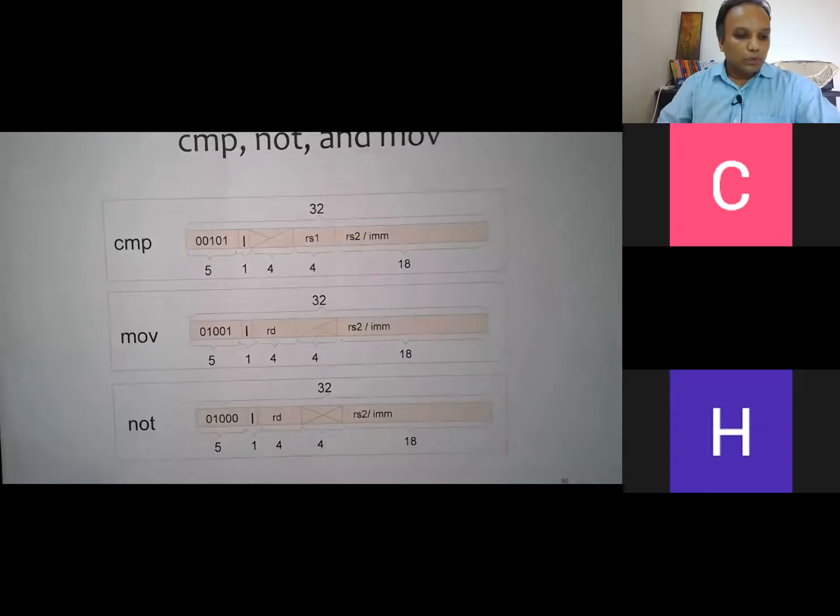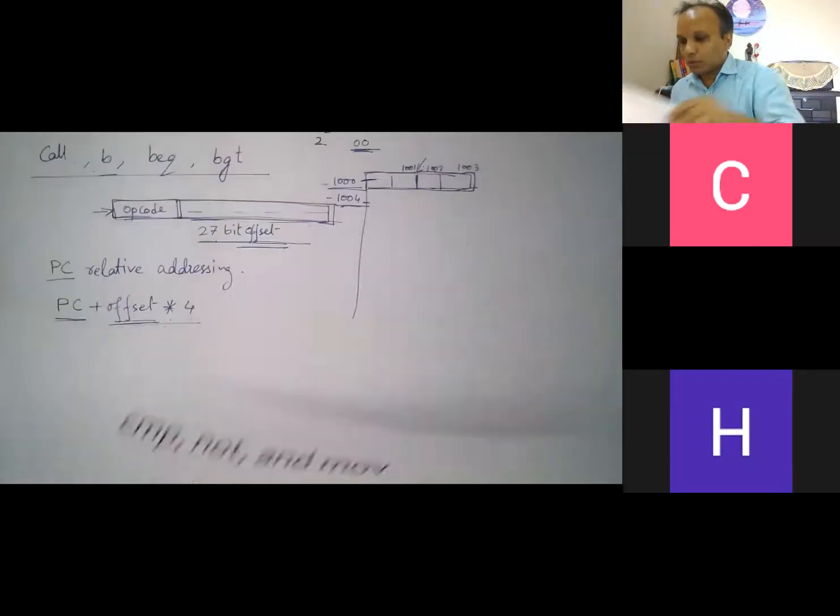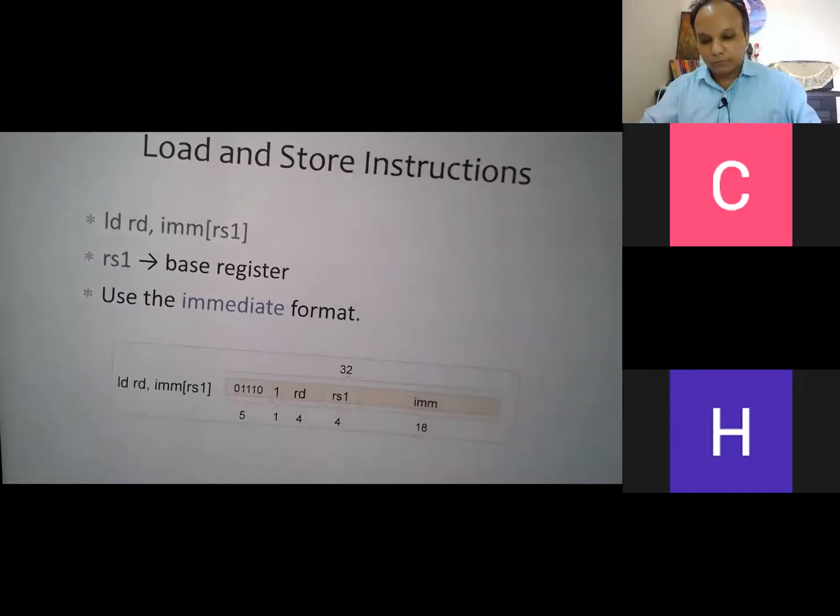We have also looked into the load and store instructions. I'll just very briefly talk about them. What will you do in place of the register, if we don't have that register? You tell me what you will do. Let's say your decoder decodes that this is a compare instruction.